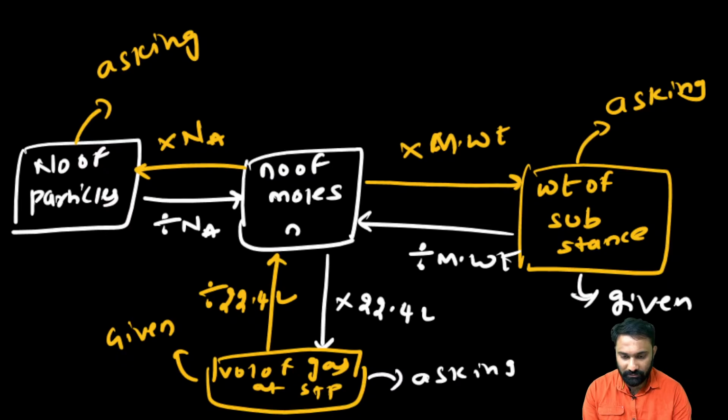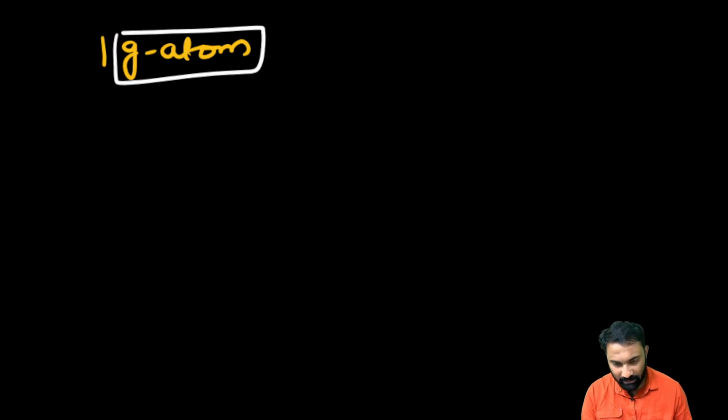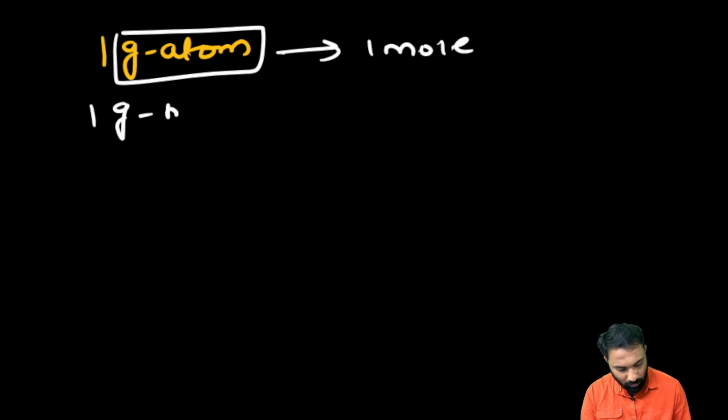Now, the next two formulas we are having are about gram atom. This gram atom refers to 1 mole, right? 1 gram molecule refers to 1 mole.